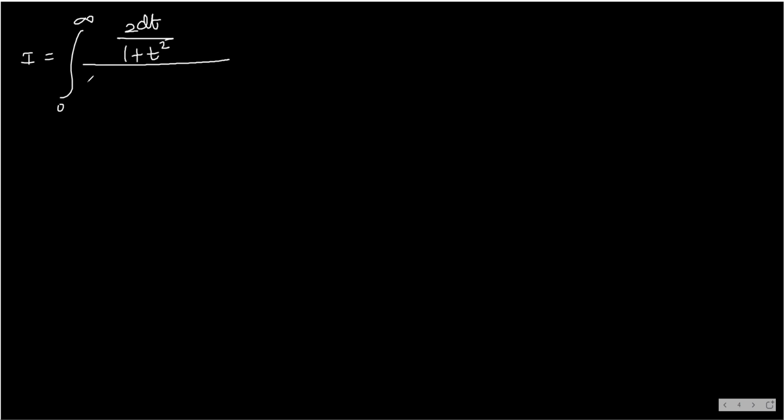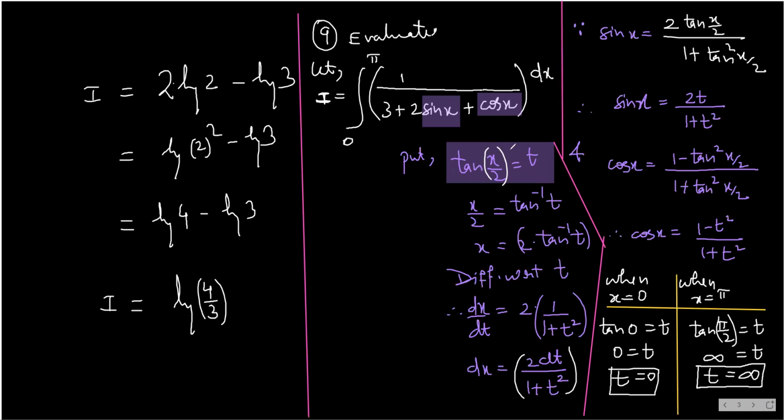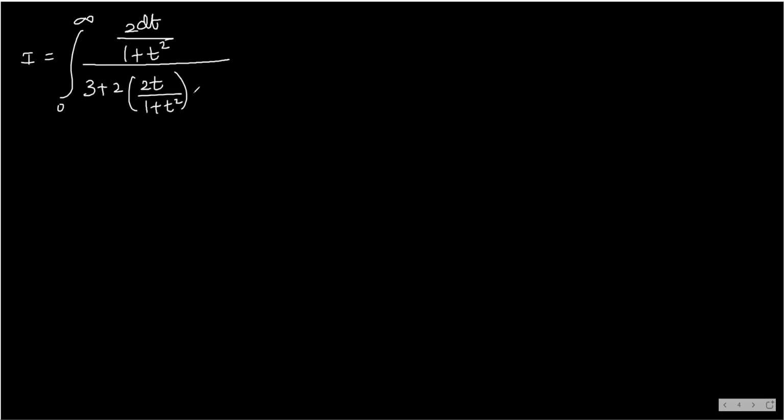So I will write 3 plus 2 sin x as 2t upon 1 plus t square plus cos x. Cos x is 1 minus t square upon 1 plus t square.